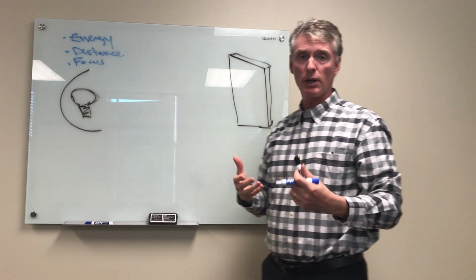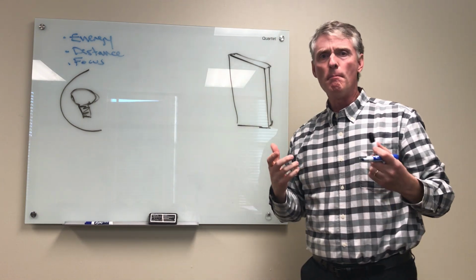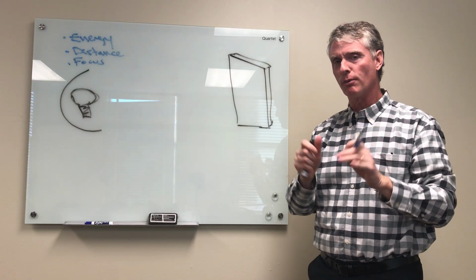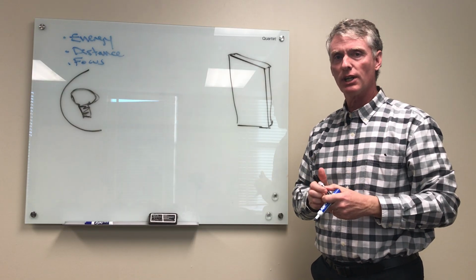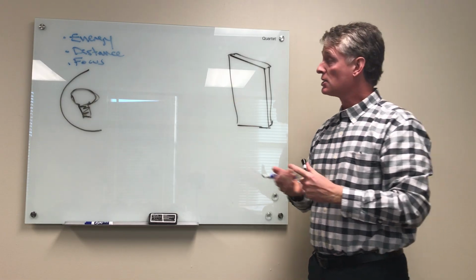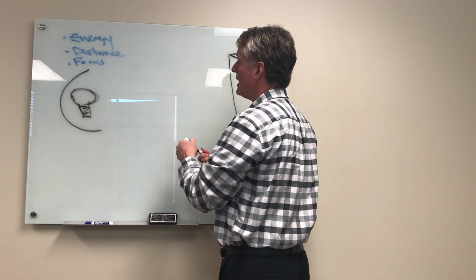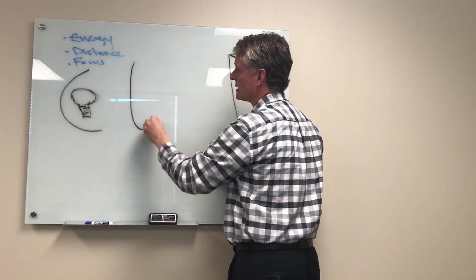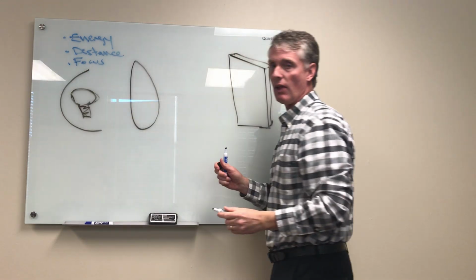But for this model to work, now this is a dynamic metaphor model, I have to depart from reality just a little bit, but I think you should be able to see this when we're all done. So another thing we need to do is right here in between the two, we're going to draw a set of lenses. We're going to draw a lens. So this would be a glass lens.